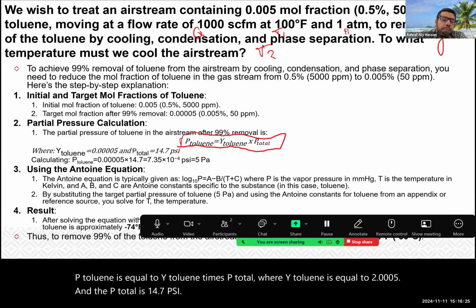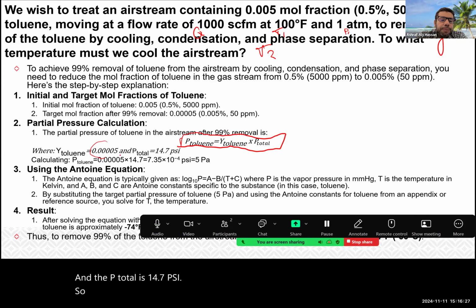So multiplying 0.0005 times 14.7, we get 7.35 times 10 to the power negative 4 psi. 0.0005 is the 50 ppm.